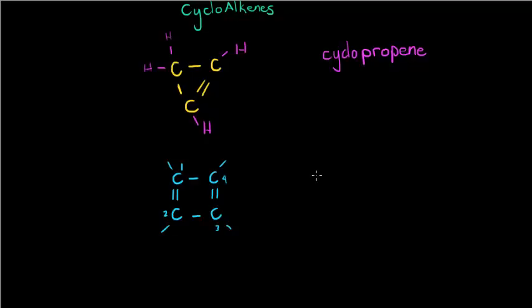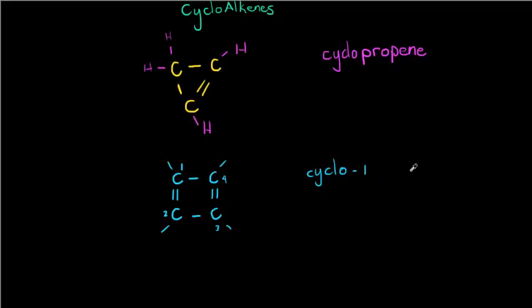So this one would be cyclo, then 1 comma, so there's a double bond at the first carbon when I started numbering, 3, because it could have been here, then it would have been 1, 2, but it's there now, so this is 1 comma 3.